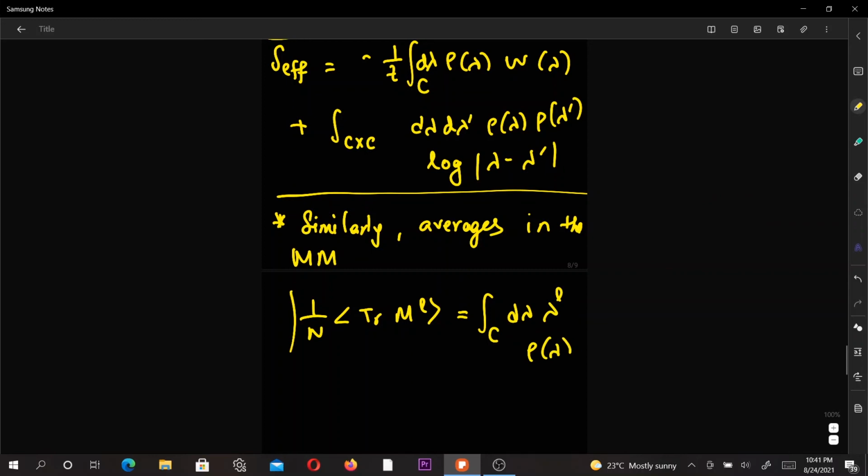So you can compute correlation functions as well from this. This is the power of our distribution function. So if we know the distribution function, our job is done. In the next video, we'll talk about the distribution function, that is, the density function, and how we can solve for it.